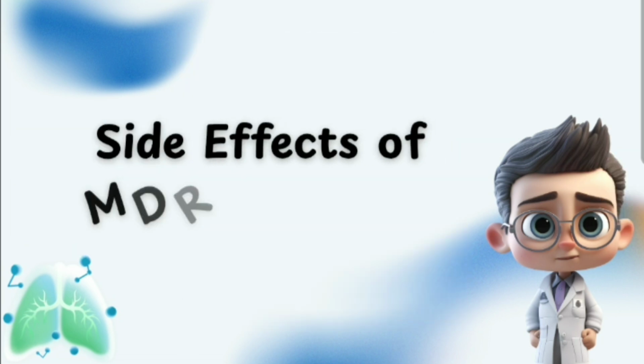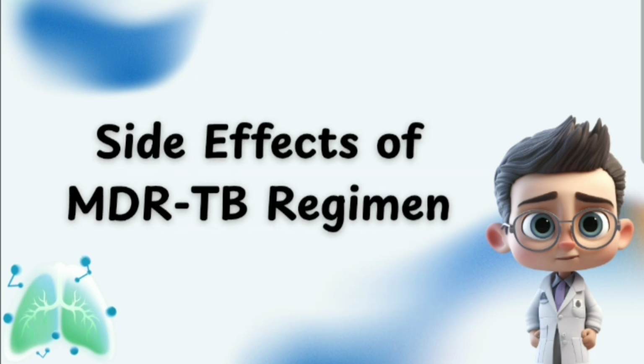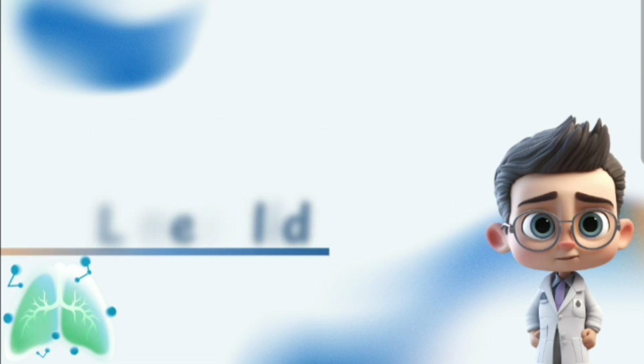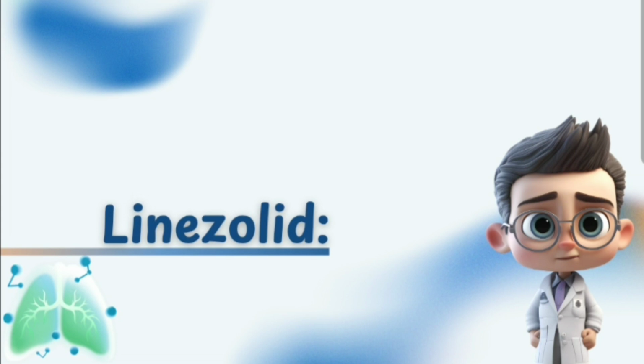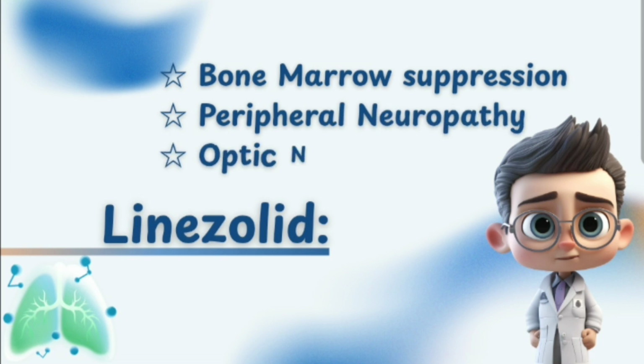Now let's discuss the important side effects of MDR-TB regimens. First of all, linezolid. The common side effects of linezolid include bone marrow suppression, peripheral neuropathy, and optic neuropathy.